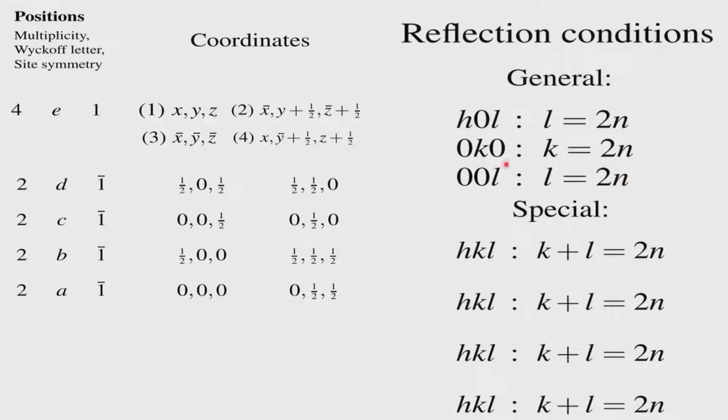So it shows a systematic absence associated with axes in 2 directions, but only 0 k 0 is unique with respect to the 2 1 axis. This is due to the c glide and this is due to the 2 1 axis, and this is a consequence of the c glide.